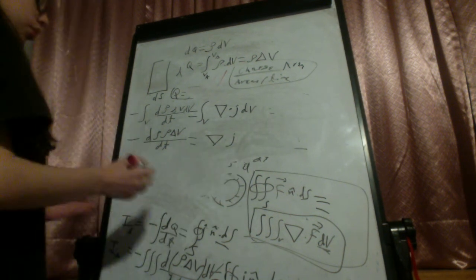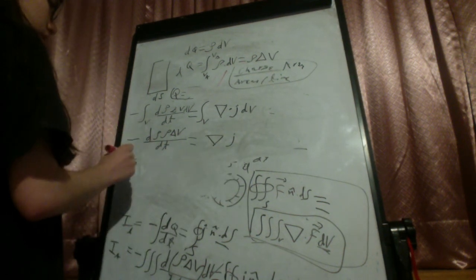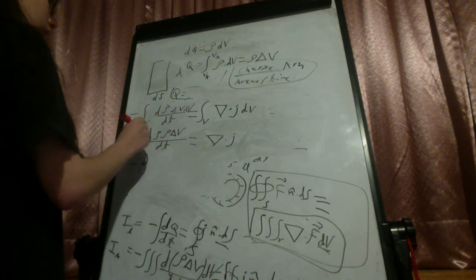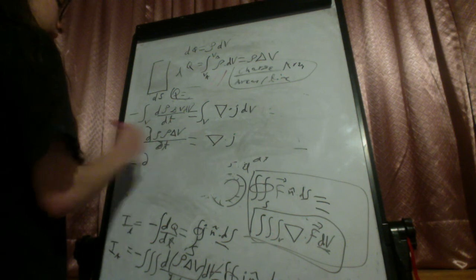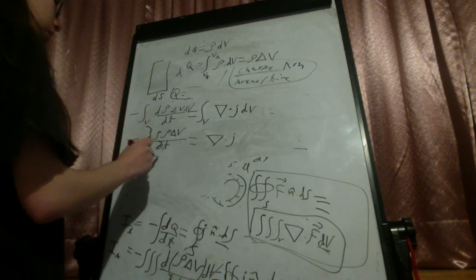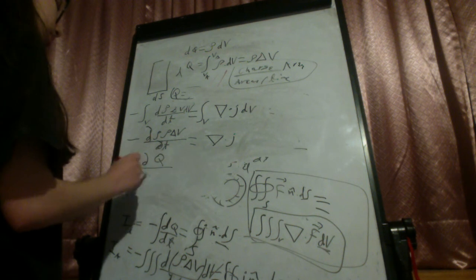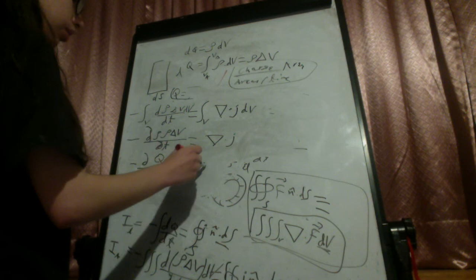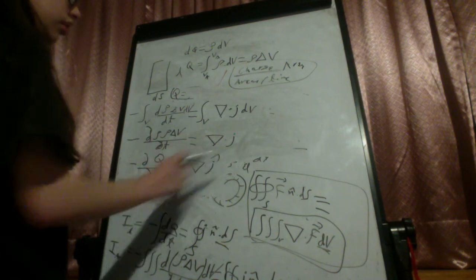Or, if you take now the derivative, it converts into a partial derivative. So you can put this as the negative of the partial derivative of the charge with respect to time is equal to the divergence of the current density vector.